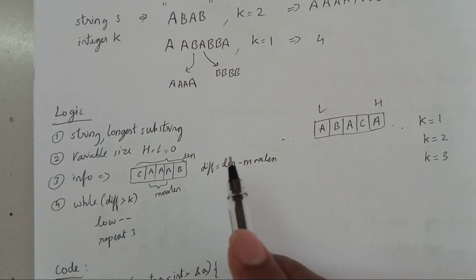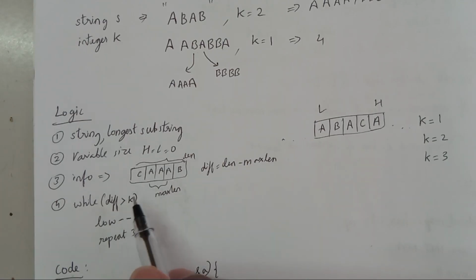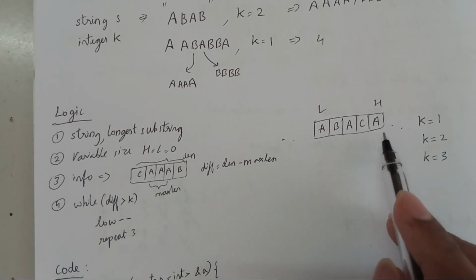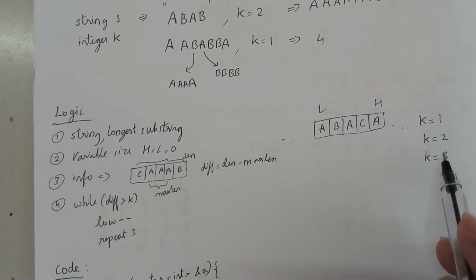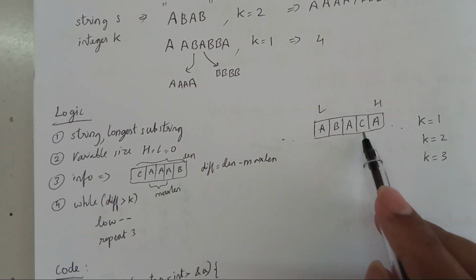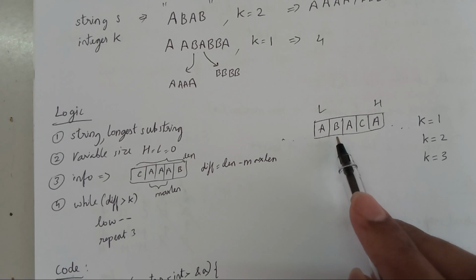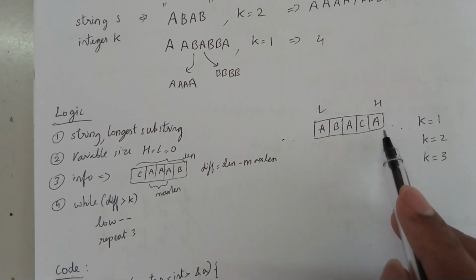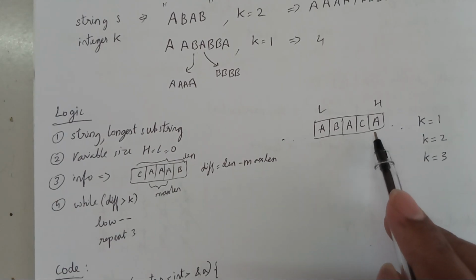For reducing the window size, the condition should be false. So what is the condition? Suppose k equal to 1, then that means we can change only one character to a. So if we need to change more than that, this window will be invalid, so we need to reduce the window.